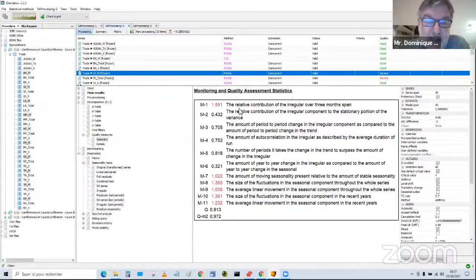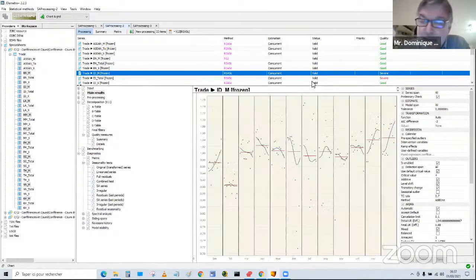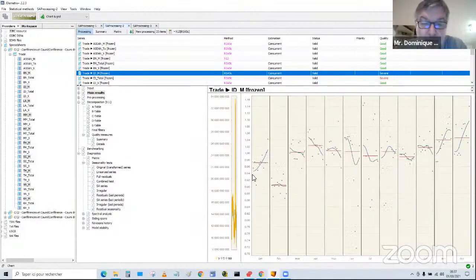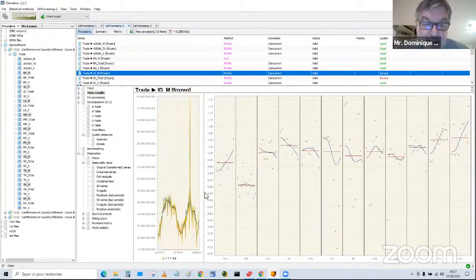So we see immediately in the result for Indonesia that the coefficients are moving at the end. Let us go to the graph first. We have roughly a similar situation, in the sense that we have a lot of outliers, but the seasonal component is pretty clear.